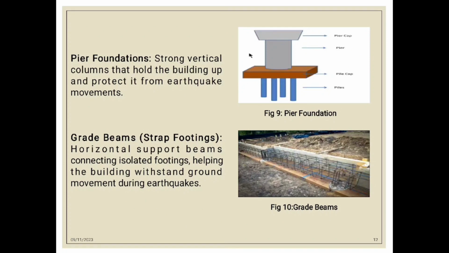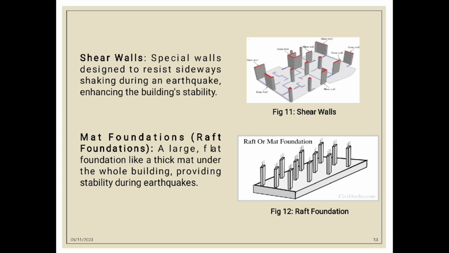Next, we have strap footing, horizontal support beams connecting isolated footings, helping the building withstand ground movement during earthquakes. Next, there are shear walls, special walls designed to resist sideways shaking during an earthquake, enhancing the building's stability.